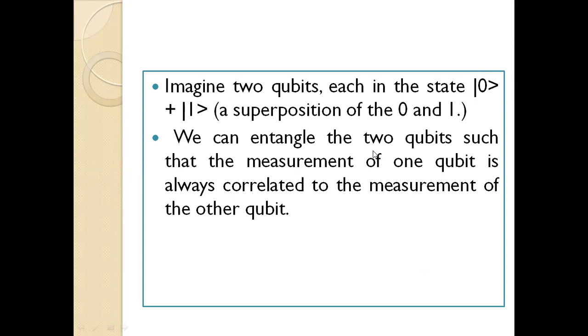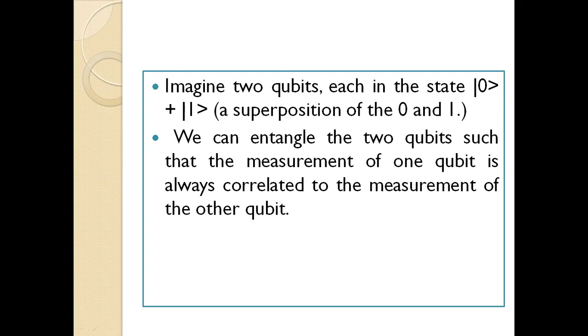We can entangle the two qubits so that the measurement of one qubit is always correlated to the measurement of the other qubit. I hope it is now very clear to you.